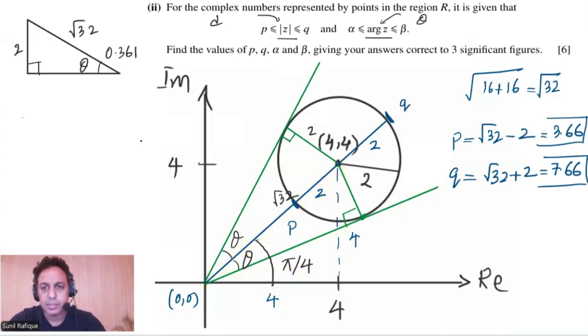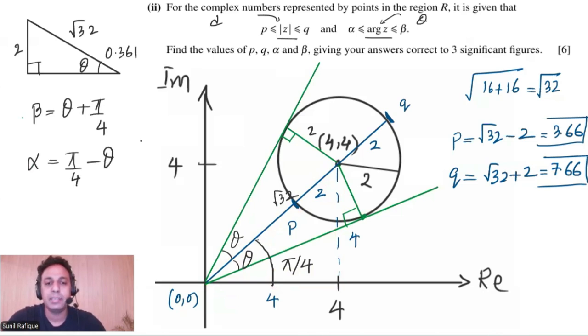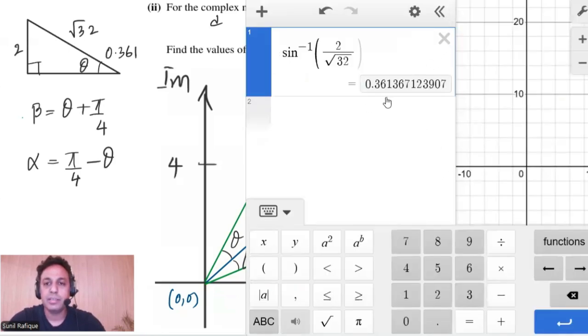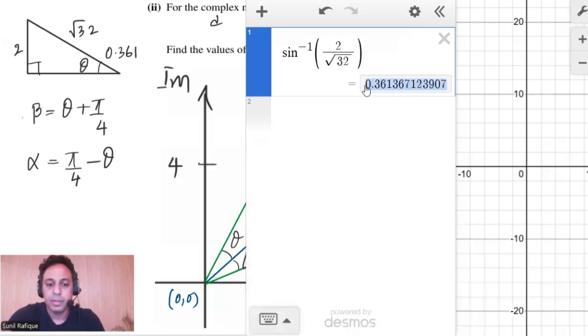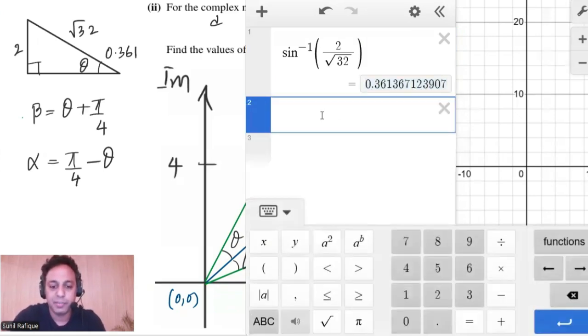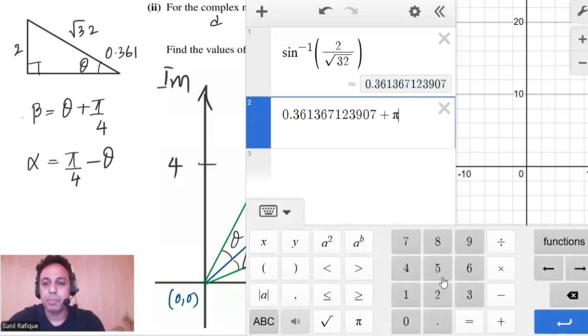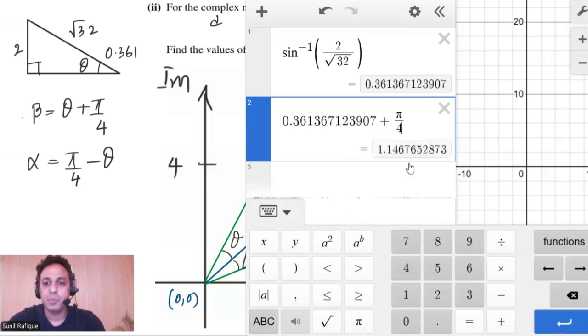So one of the answers, beta, is the maximum angle. It's going to be theta plus pi over 4. And alpha is going to be pi over 4 minus theta. So let's get these values and I can get my answers. So what is theta? This is theta. Let me just copy it. Control C. I'm sorry, I'm not using a scientific calculator, but Desmos instead. So plus pi divided by 4. So this is one of the possibilities, 1.146.